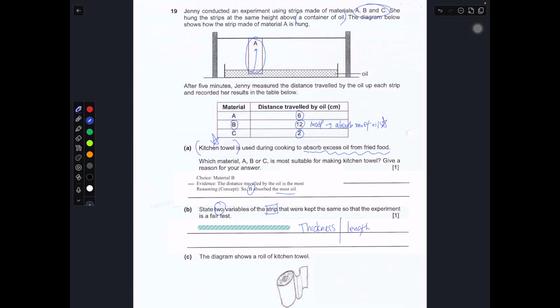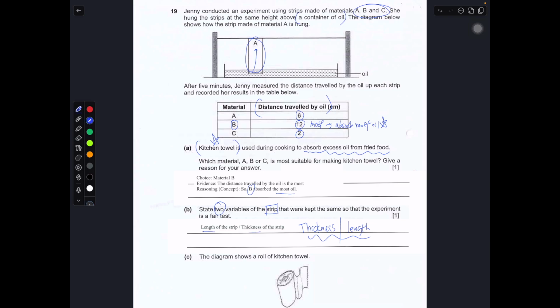You cannot have different lengths, then it might affect the distance traveled by the oil. So any variable that affects the distance traveled by the oil must be kept the same, because you don't want your result to be affected by this variable. The length as well as the thickness.